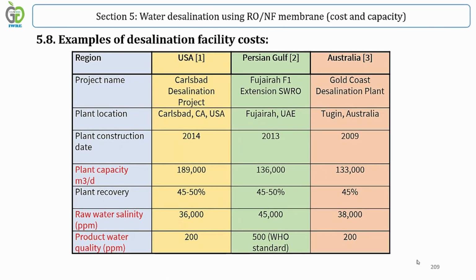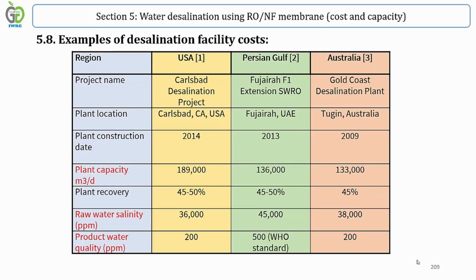Examples of desalination facility costs. As noted in this lecture, the cost of developing, constructing, and operating a desalination facility depends on the location of the plant, the raw water type and quality, type of intake and outfall, the desalination technology and energy recovery system used, the cost of electrical power, and required post-treatment and storage, distribution costs, and environmental regulations.